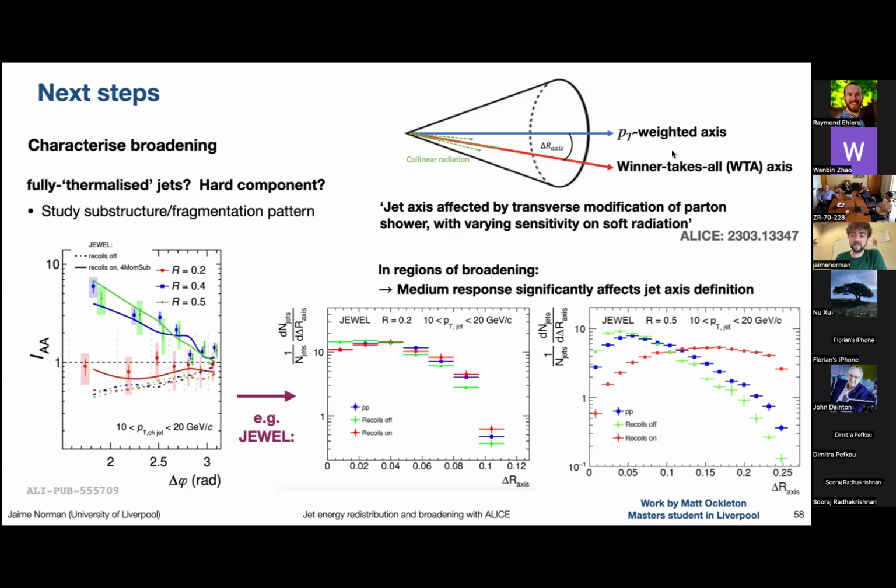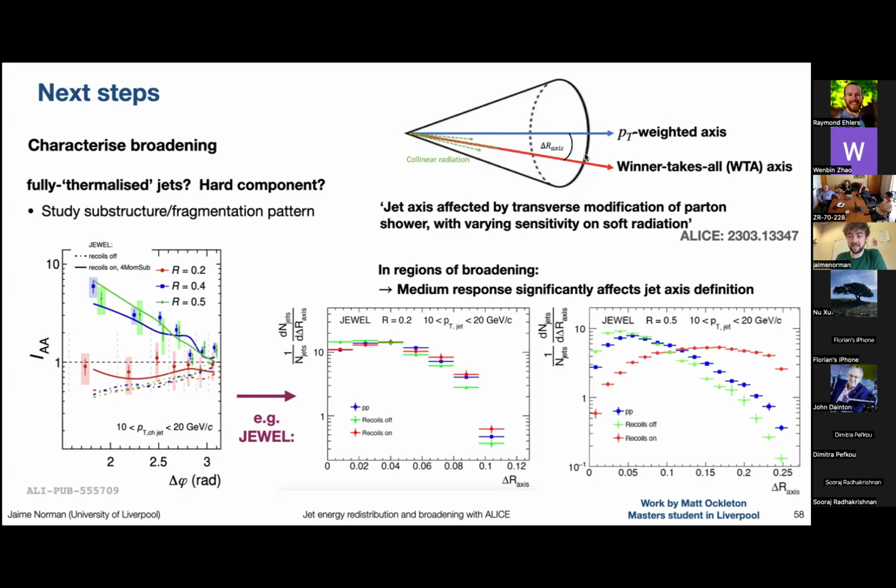The standard jet axis is determined as a pT weighted sum of the constituent directions. We can take the winner-takes-all axis in the jet recombination, which generally corresponds to the hardest constituent of the jet, and take the difference between these axes.